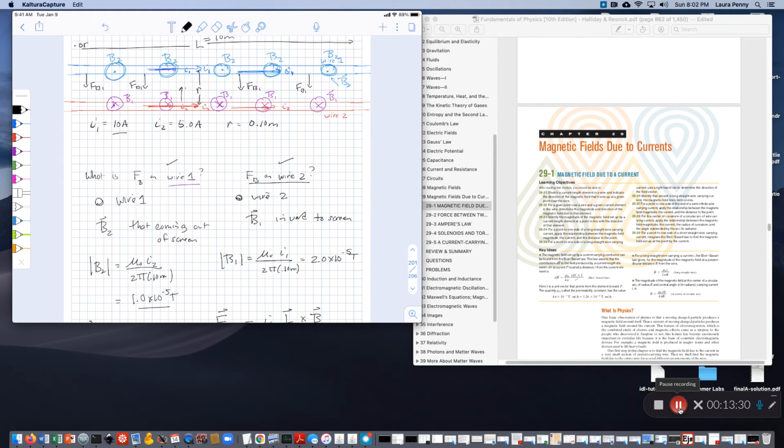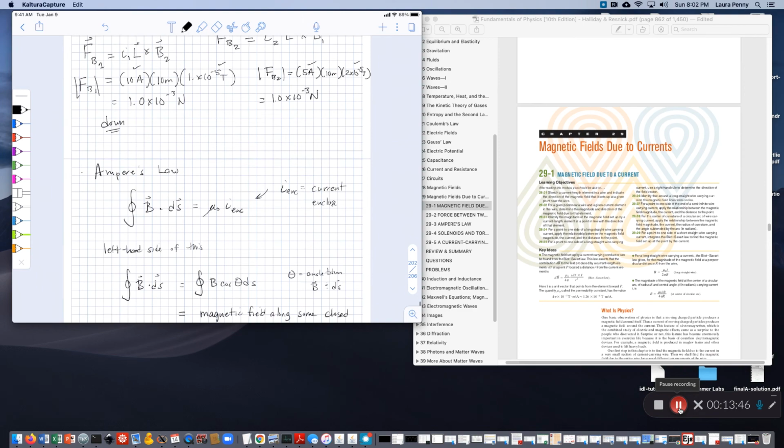Our thumbs are going to point up, which is the opposite direction of the force on wire 2. So Newton would be thrilled to hear that this is up. They're equal magnitude, but opposite direction forces, just like he told us there should be.